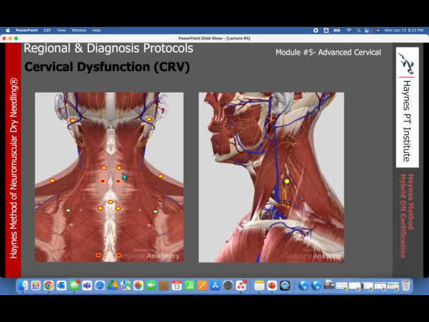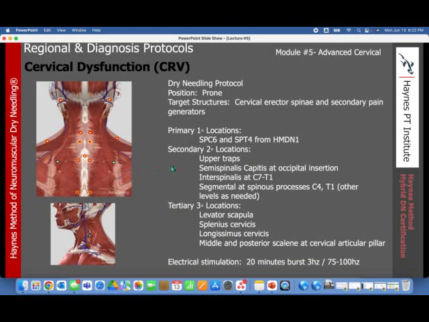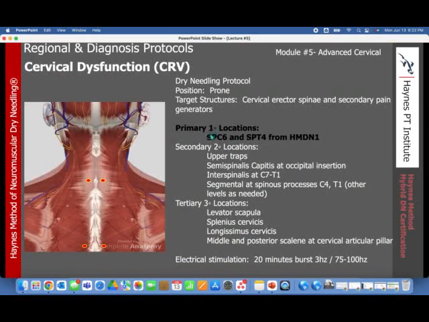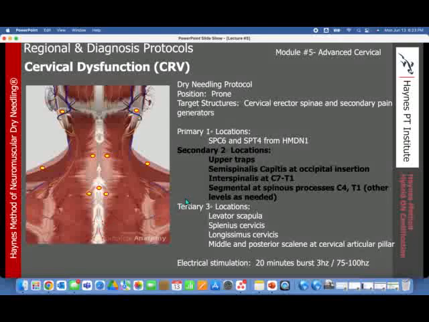For just generalized cervical dysfunction, our primary locations, again, spinous process C6 and T4 to get the bulk of all of that posterior cervical musculature. No change there. Then we move into our secondary locations. Here we'll throw in our upper traps, our semispinalis capitis at the occipital insertion.